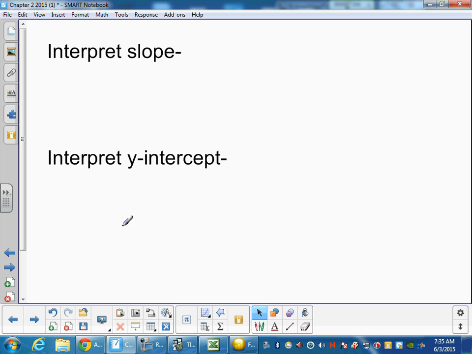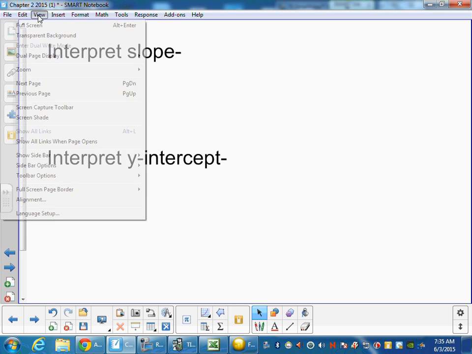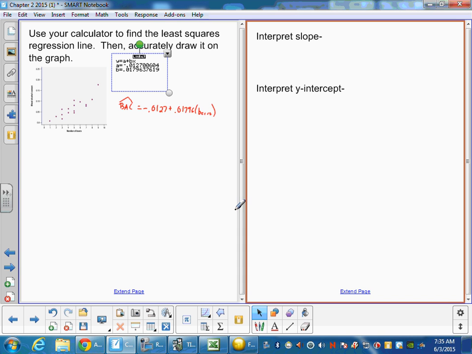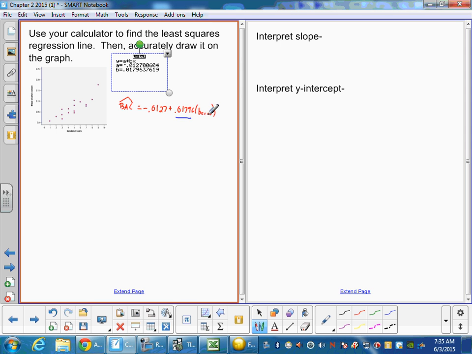Now, interpreting the slope and y-intercept is a common thing for us to figure out. Let's turn on both pages so I can see it. So to interpret the slope, what this means is for every increase in one beer, the blood alcohol content is going to be predicted to go up 0.017.